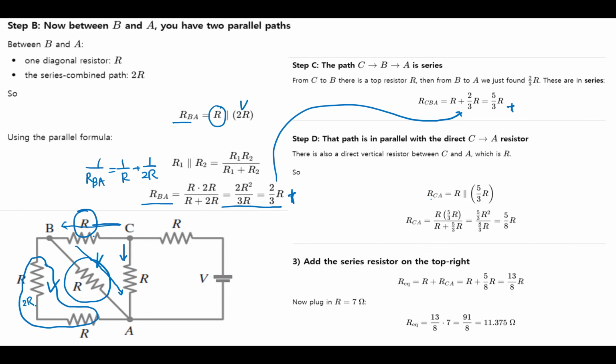So RCA is nothing but here R and this one. Okay, so we end up with this value. And add a series resistor on the top right here.